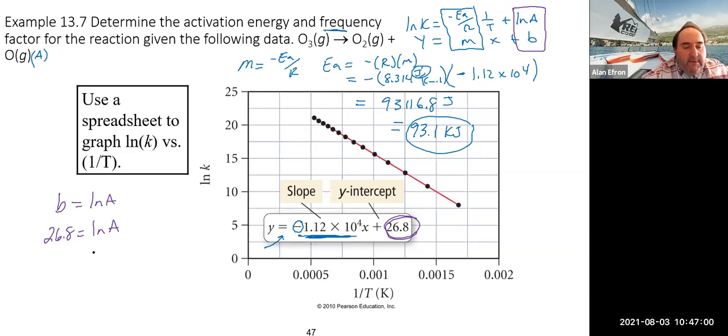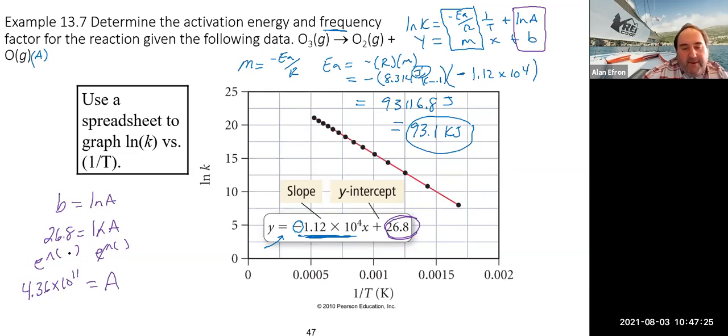So e to this and e to that. The natural log and e will cancel out, leaving us just the frequency factor. If we take e to that number, we end up with 4.36 times 10 to the 11.